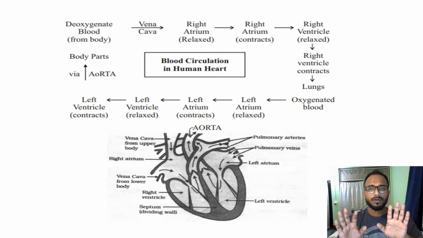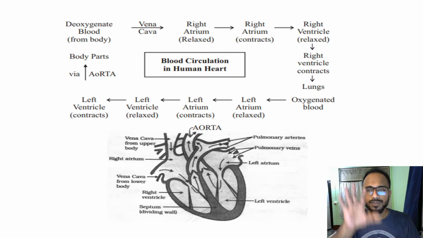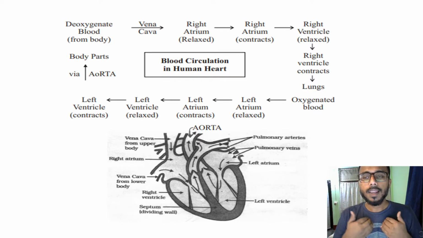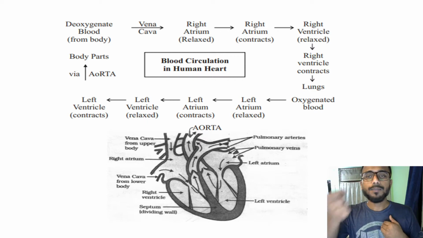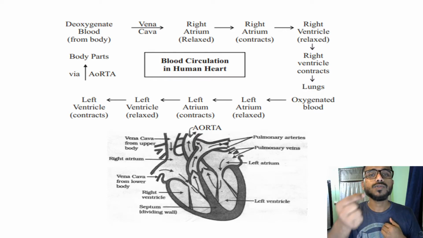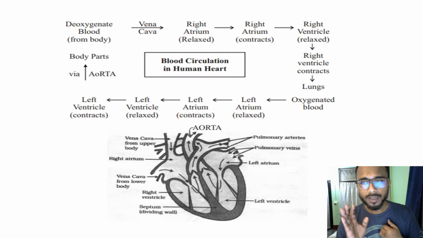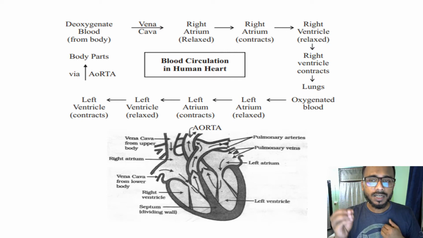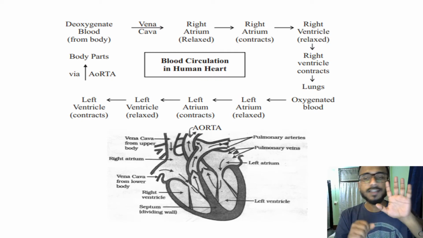See, suppose this is my lungs. I took in oxygen, the oxygen went inside my lungs, and that oxygen is getting mixed with blood, okay? Now my blood is rich in oxygen, so that will be called oxygenated blood, okay? Now oxygenated blood, when it moves through the left atrium, this is relaxed, okay?